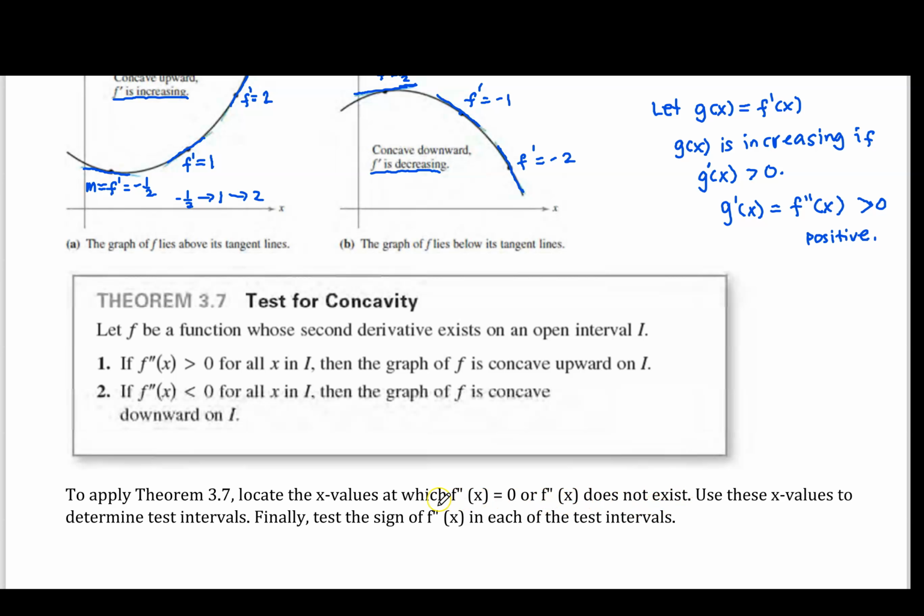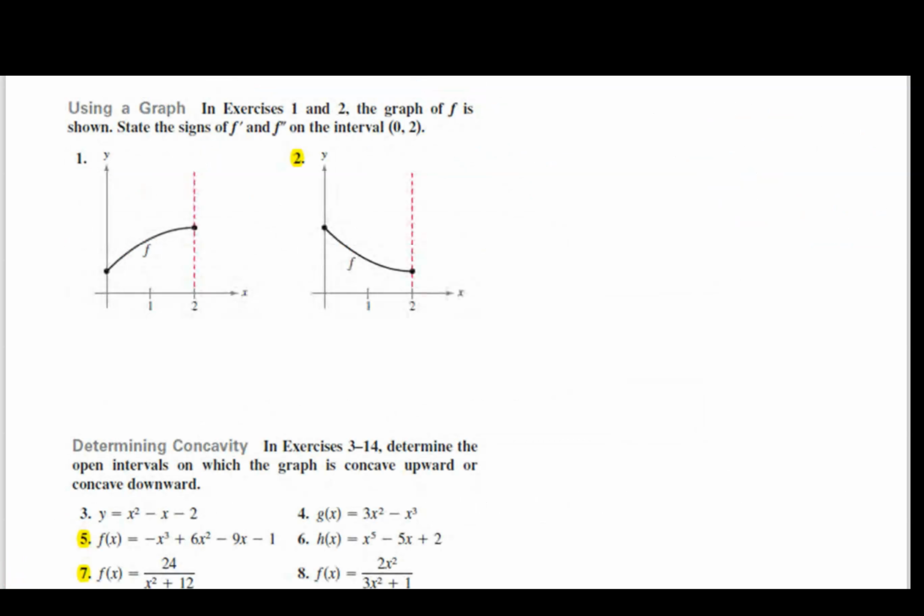These are the critical numbers, okay, of the first derivative. And then we will use these x values to determine the test intervals, and then finally test the sign of the second derivative in each of the test intervals.